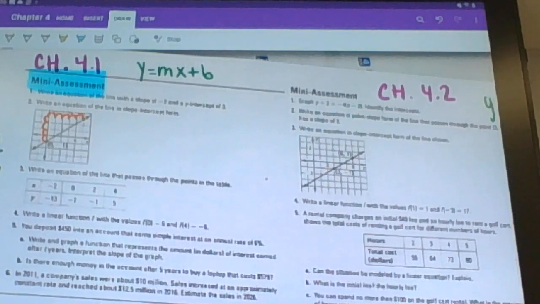Remember, slope is change in y over change in x. How are the y's changing and how are the x's changing?